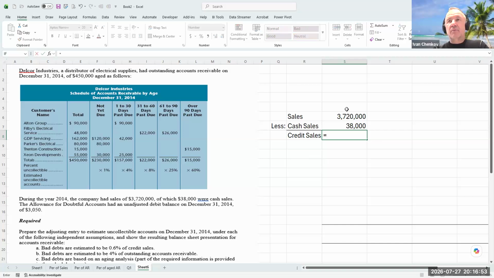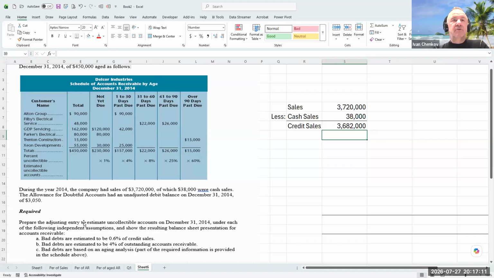And credit sales is going to be equal to the total sales minus the cash sales. That's our credit sales. The allowance for doubtful accounts has an unadjusted debit balance, in this case, of $3,050.